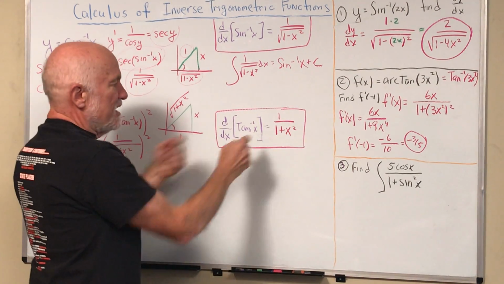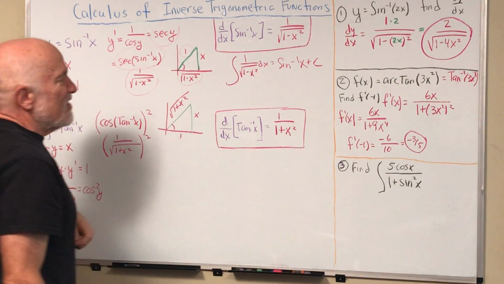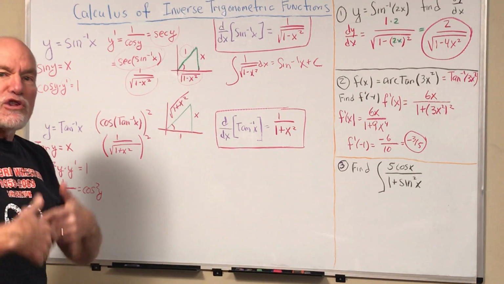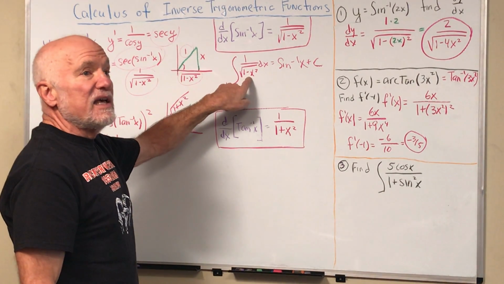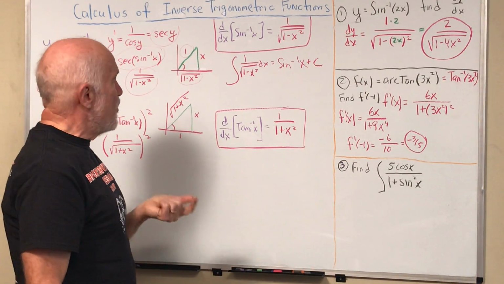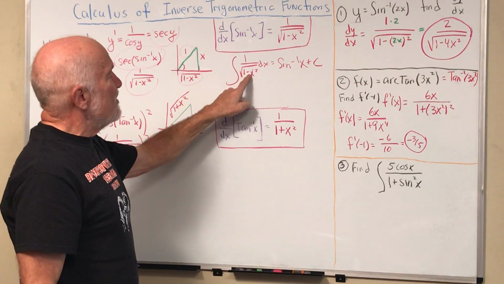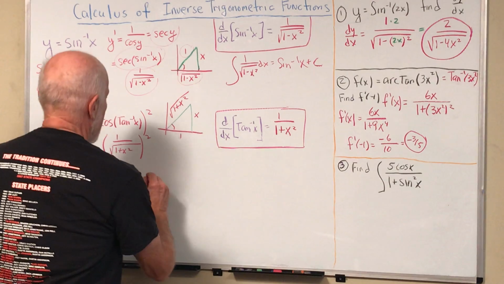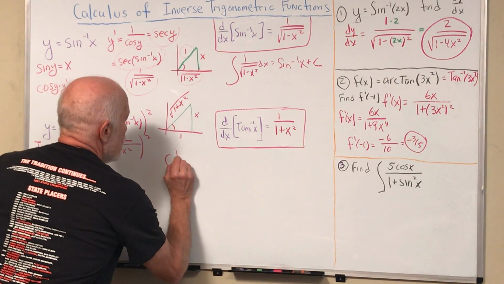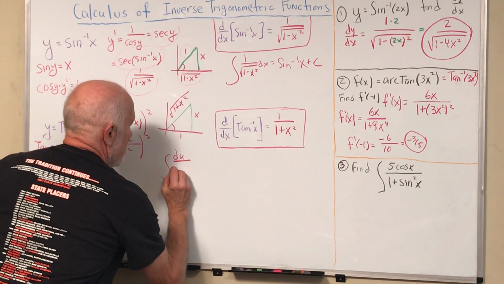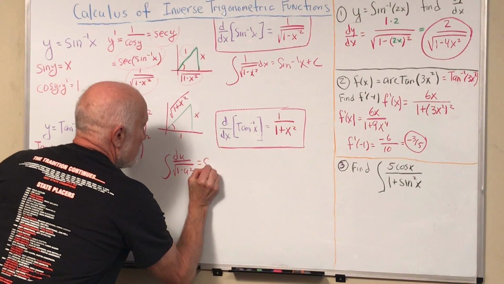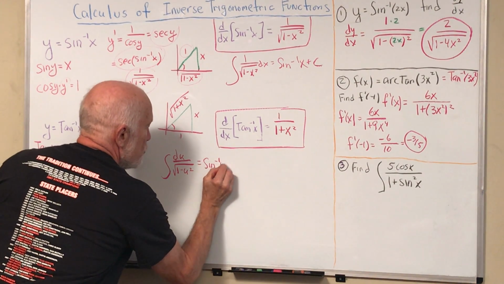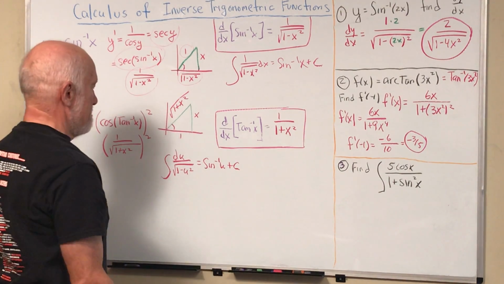And the same thing down here. But since these are going to become new special forms, we don't want to be able to do just this one integral. We want to do all the different forms. We're going to rewrite this with u. So we have du over the square root of 1 minus u squared is the inverse sine of u plus c.